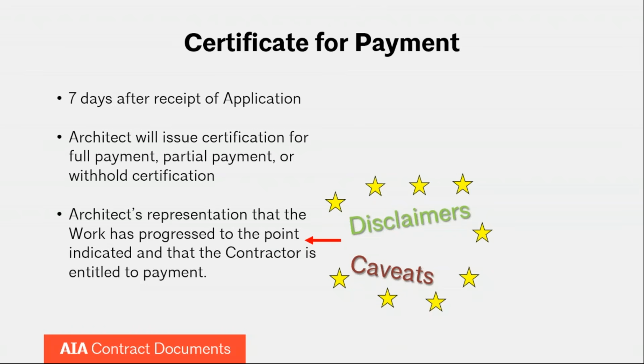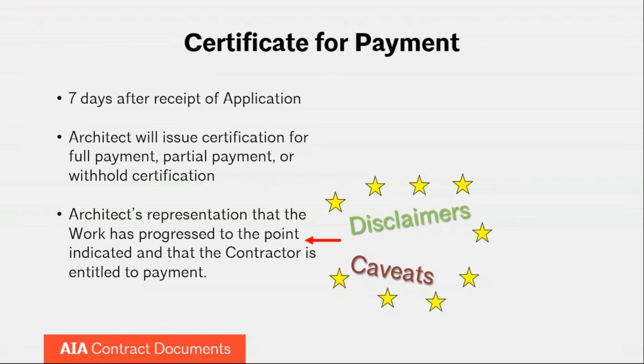It is a representation, just as I mentioned, but the architect, of course, is not obligated to be on the site at all times and to, in fine detail, audit the amount of work that the contractor has performed. And I'll get into some of the architect's specific responsibilities during contract administration and during construction. But the A201 does include some disclaimers here about the architect's representation.